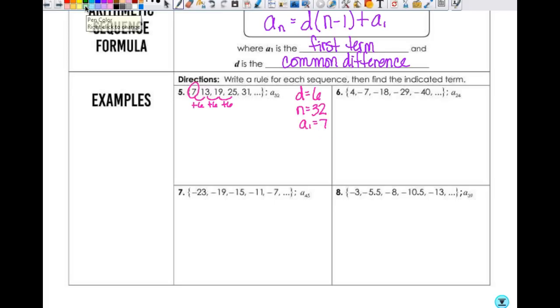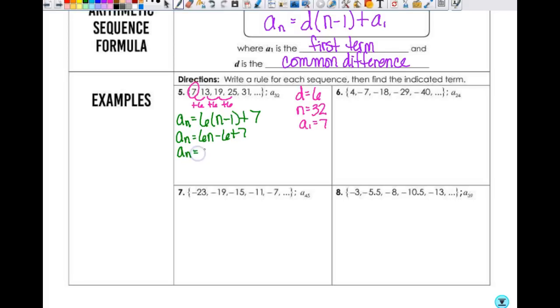So then I just substitute in that formula. It says write a rule for each sequence, so I need an a sub n rule first before I can find that. So a sub n is equal to the common difference, which is 6, times n minus 1, plus a1, which is 7. So a sub n is equal to 6n minus 6 plus 7.